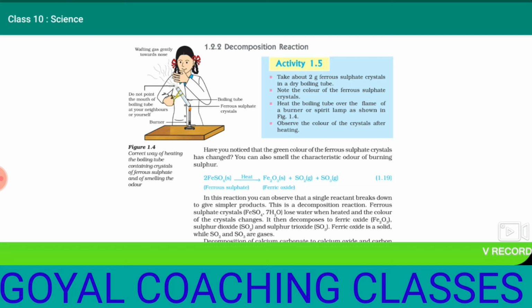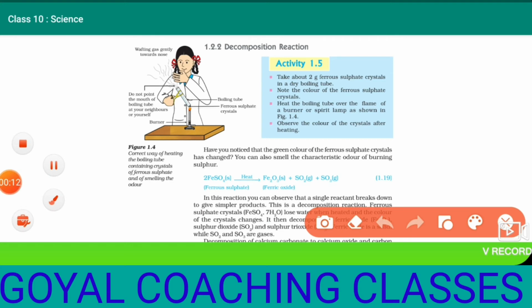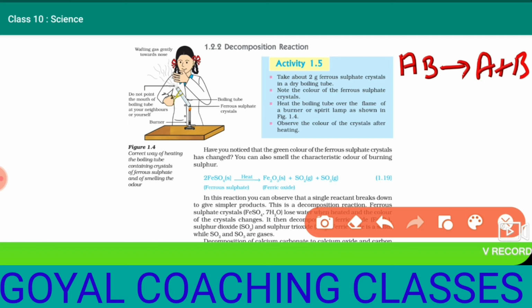Okay, so whenever we are talking about the decomposition reaction, students, just remember it is totally opposite of the combination reaction. So whenever we have a product, we get A plus B. This is totally the opposite of the combination reaction.